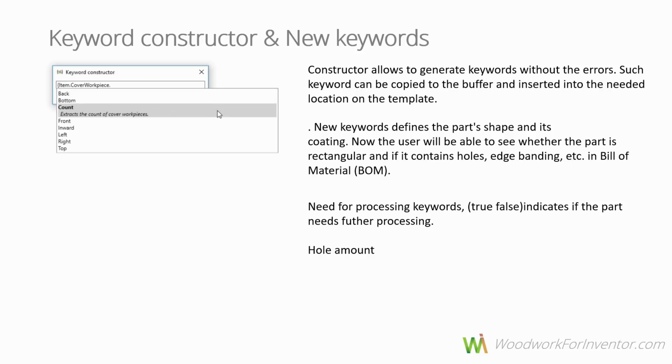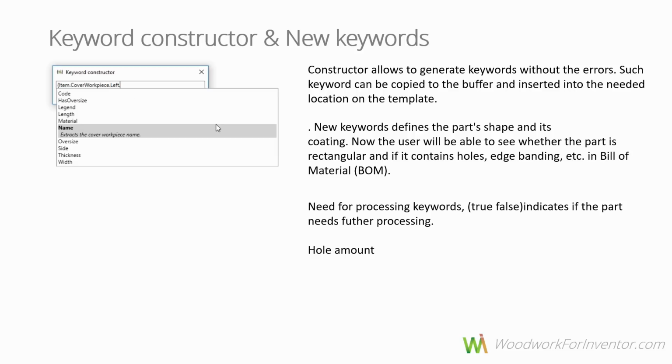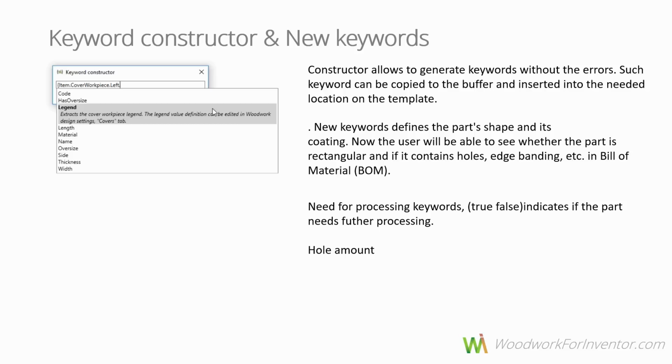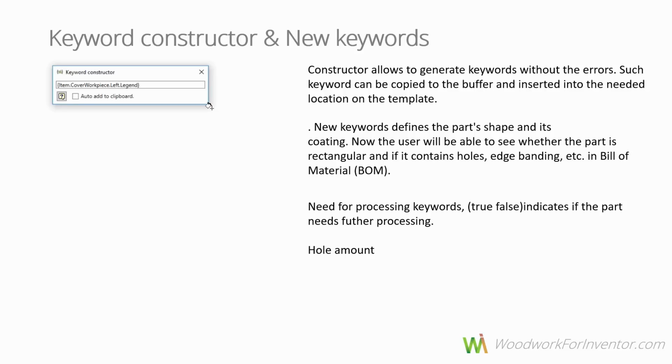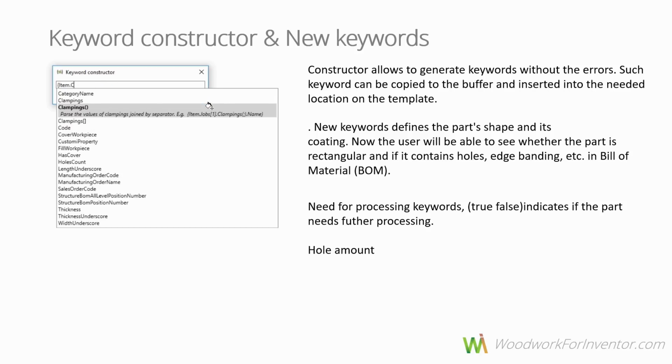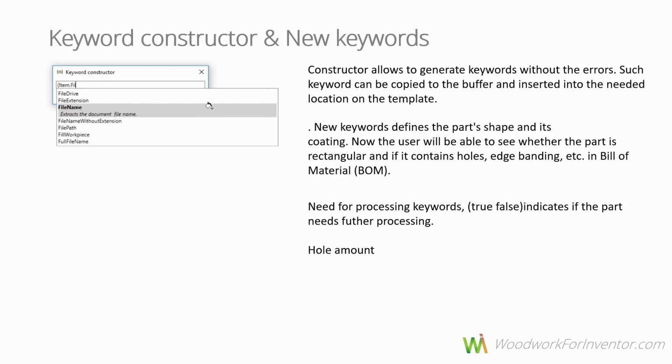For instance, about edge banding, we can say where the edge banding is on a part of more complex shape. As you can see, it's a very snappy tool which saves you a lot of time.